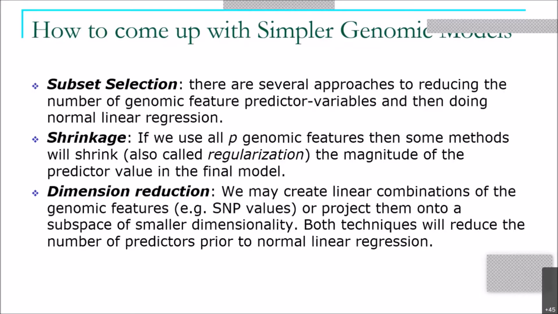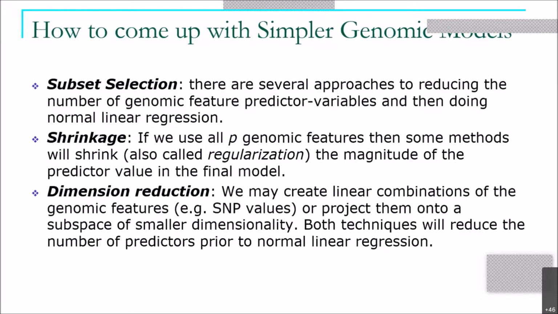And there are different terms that are used for this simplification process. One is subset selection, where the attempt is to reduce the number of genomic feature predictor variables that you're using prior to doing your linear regression. Another technique is shrinkage, in which perhaps we keep all the variables that we start with, but we shrink the magnitude by which they're allowed to contribute.